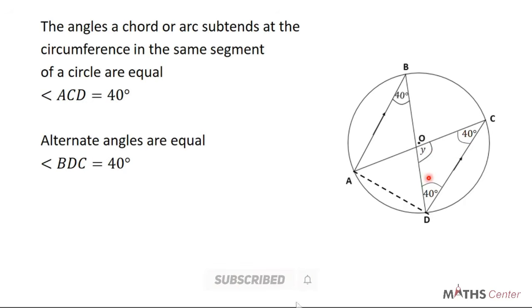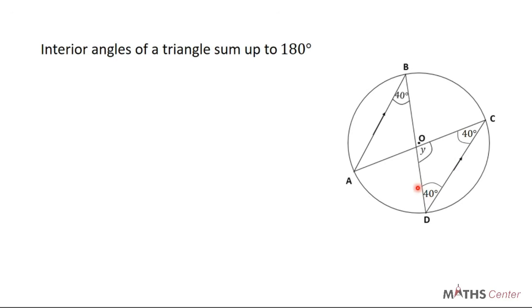We know that interior angles of a triangle add up to 180 degrees. So what we can say is that 40 degrees plus 40 degrees plus y will give us 180 degrees. Since D, then the point here, whose name we don't know because it was not given to us, and C form a triangle, we can say that 40 degrees plus 40 degrees plus y will give us 180 degrees.